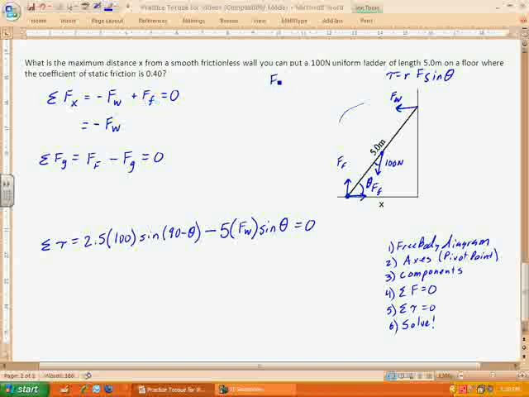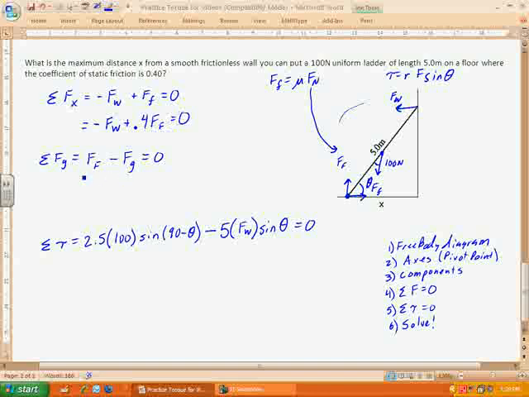Now you'll remember that the force of friction is equal to the coefficient of friction times the normal force. The normal force here is the force of the floor. So that will equal that plus the coefficient of friction, which is 0.4, times the force of the floor. And those added together should give me 0. Now I don't know what either of those are yet, so I can't really solve that.